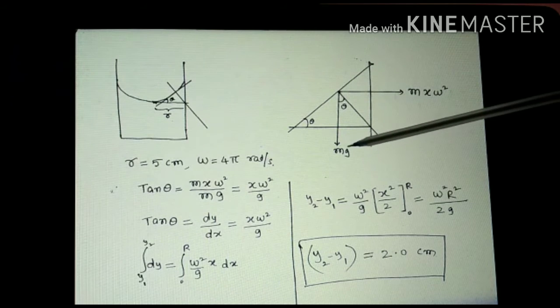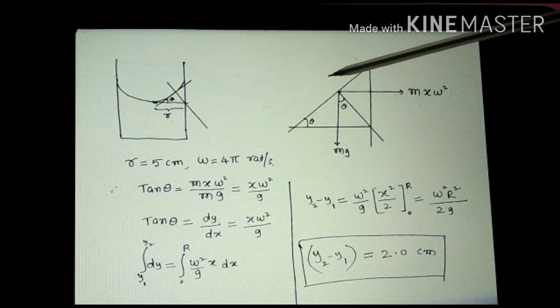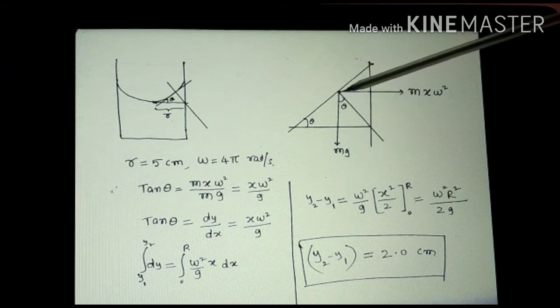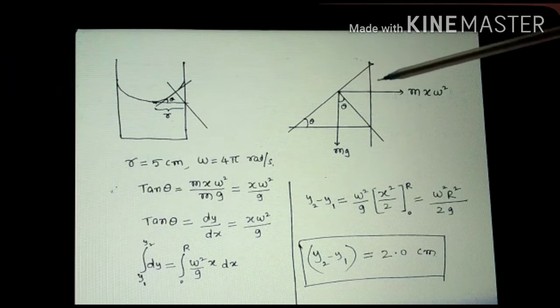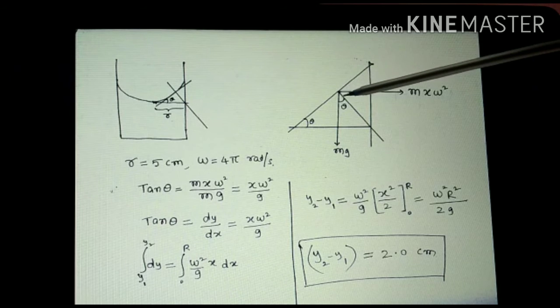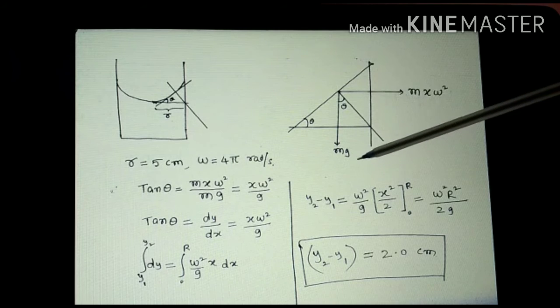Downward force is mg. So here the point where I am drawing m x omega square and mg, that point mass is m. I am assuming the mass of the water at this point is m.